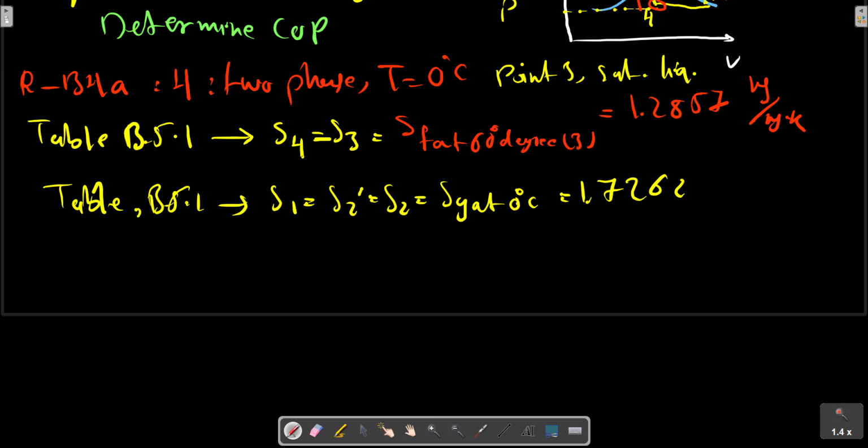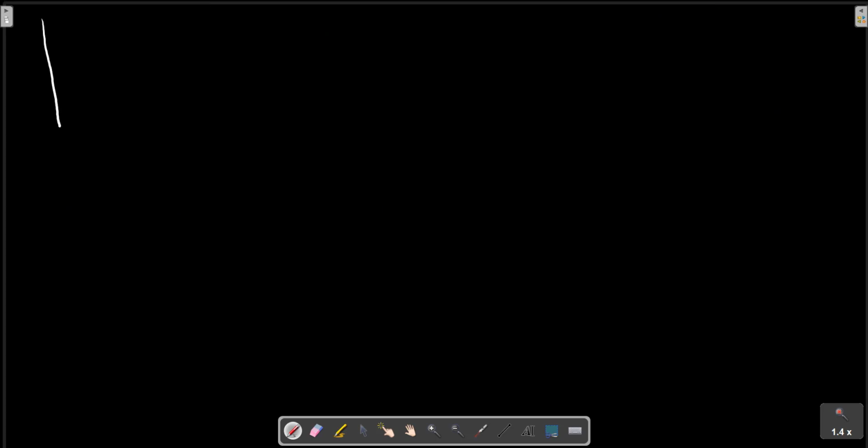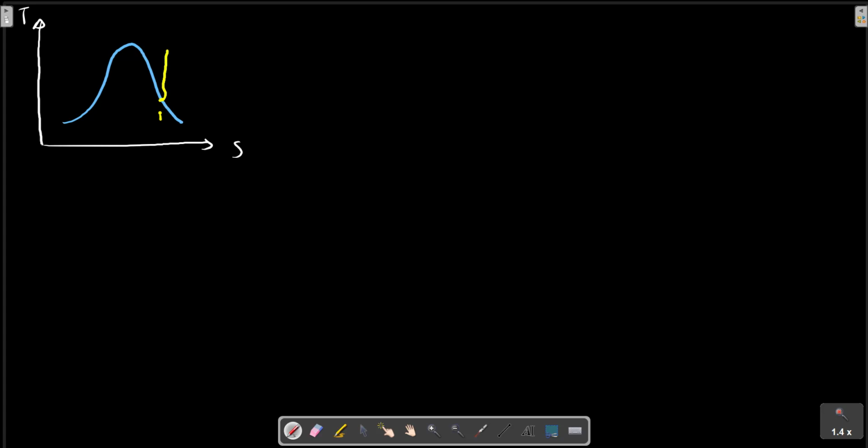Now we have the information about this. Let me provide the picture here. TS, point 1 at 0, we have information about this point.